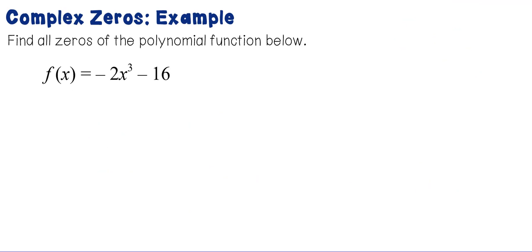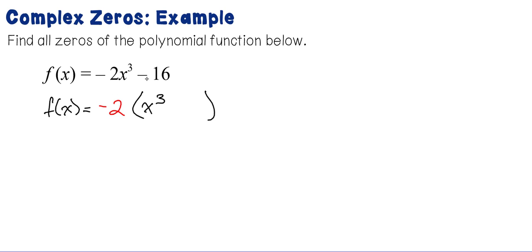So looking at another example, find all the zeros of the polynomial function below. So the first thing I would do here is I would factor out -2. And when you factor out -2, this leaves me with x cubed.